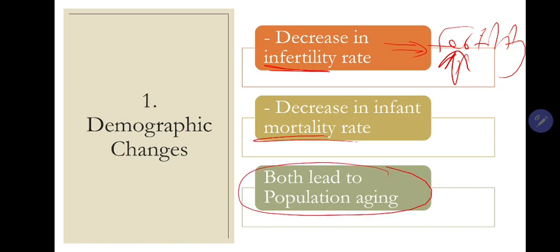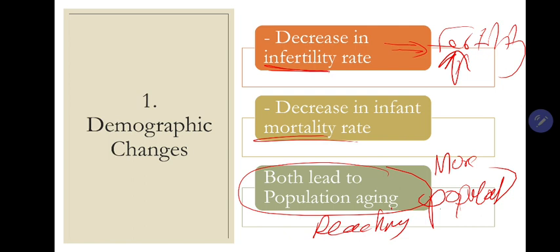Both these will lead to population aging. يعني عندنا more population reaching the adult life.